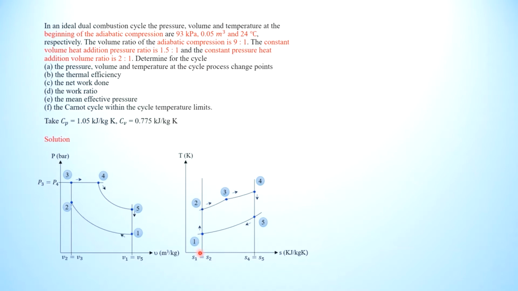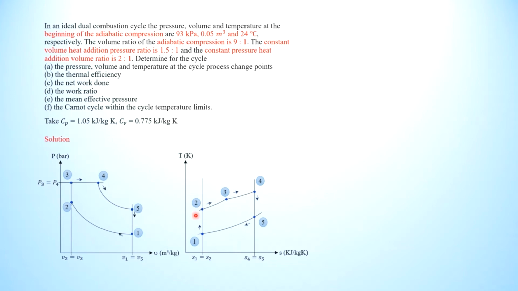So the heat supply, because of increased entropy here, will be Cv (T3 minus T2). And then 3 to 4, you can see from the PV diagram, is constant pressure, and increased entropy, so heat supply for 3 to 4 is Cp (T4 minus T3).